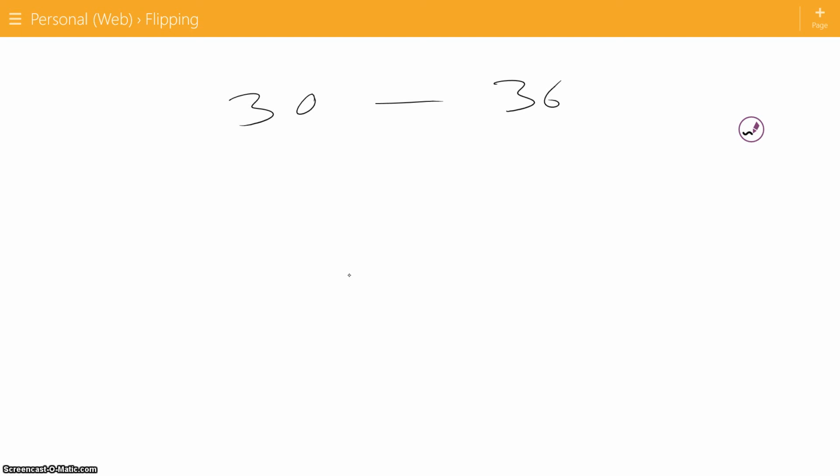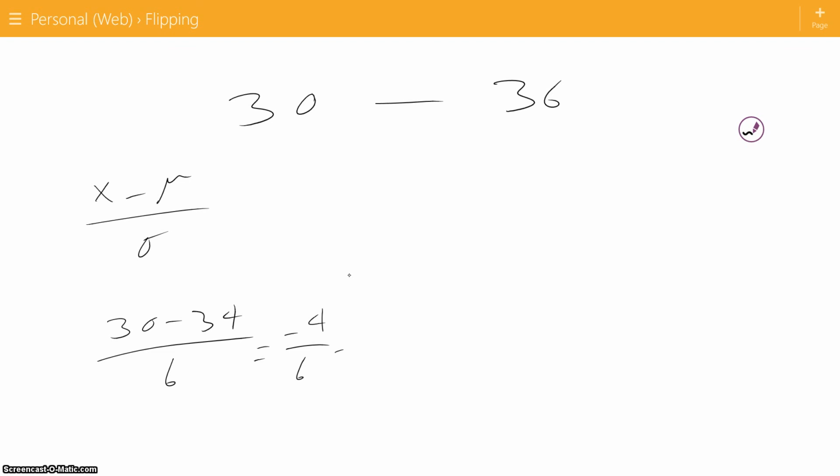So I'm using, again, my formula, x minus mu over sigma. I do 30 minus 34 over still standard deviation of 6, and this gives me negative 4 over 6, which is just the same thing as negative 0.67. So that's my first one.